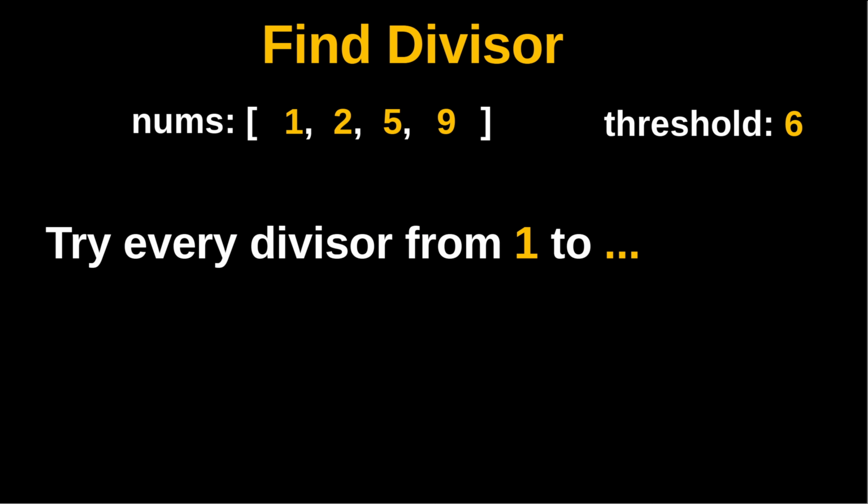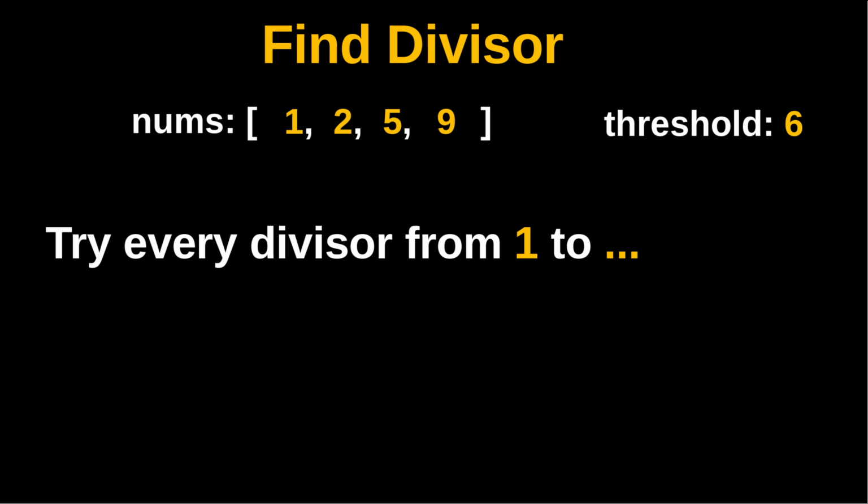Now, a brute force solution would be to find the divisor using the process that I just demonstrated, starting with the divisor 1. We can use a while loop and try this process until we find the divisor for which the condition is satisfied. Before we consider the brute force solution, let's talk about the range of divisors to consider given the nums array. We know that the minimum divisor one can try is 1. What is the maximum divisor one can try?